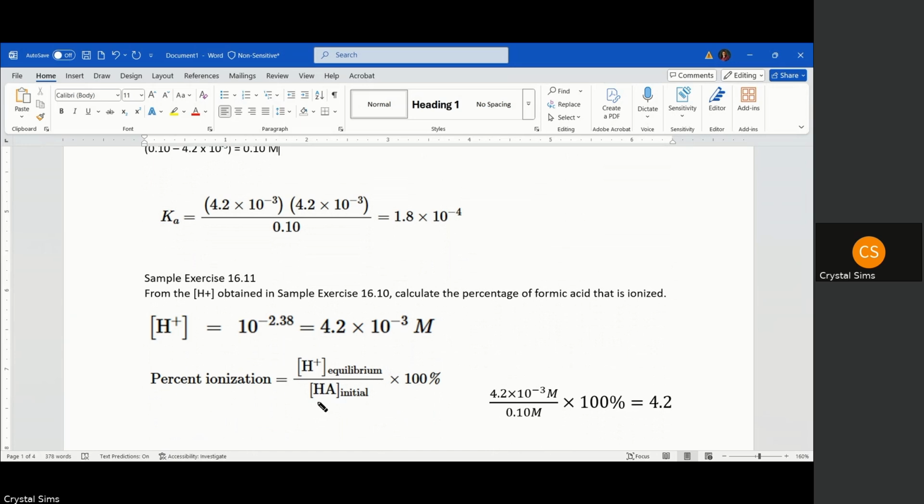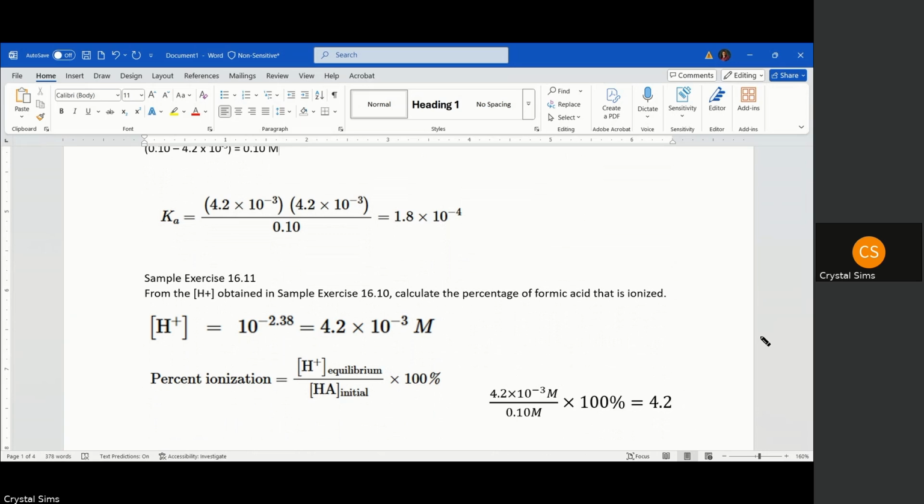Remember, we use HA to designate an acid. So we plug in our numbers here. We've got our hydrogen ion concentration. We've got our initial acid concentration, and then we multiply that by 100%. So the percent of formic acid that is ionized is 4.2%.